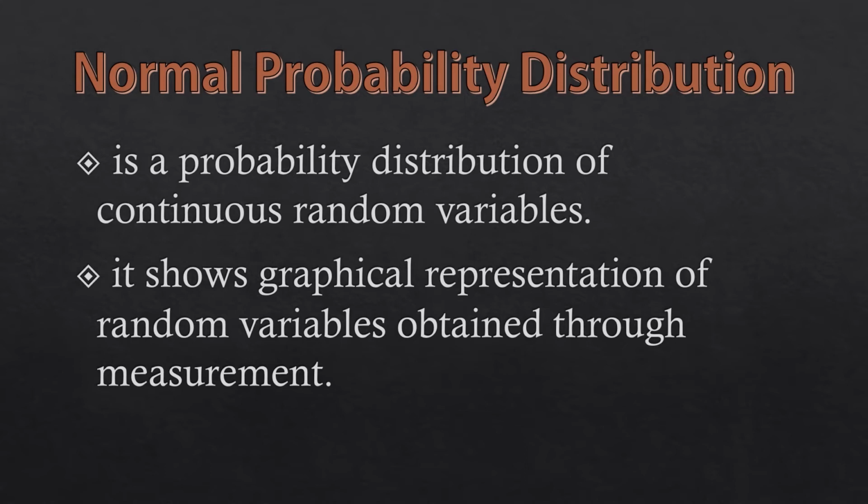The discrete random variables are those which can be counted, while the continuous random variables are obtained through measuring or measurement. So this probability distribution represents the random variables that were obtained through measurement.